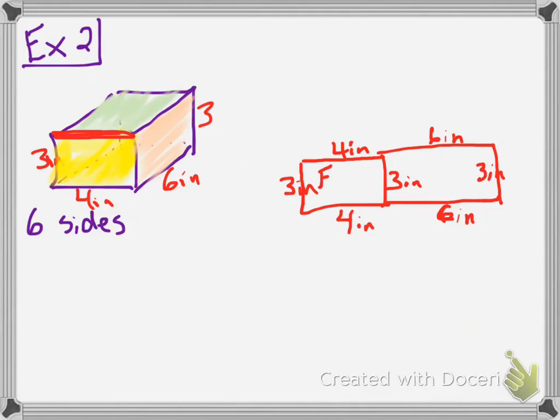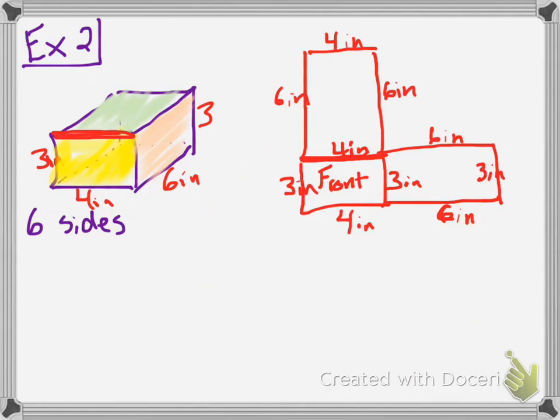I'm going to label this as the front. What I'm going to do is extend that top, which is a 4 by 6, so it needs to match with this side here. I want to extend it this way and write this as 6 inches. And go ahead and label all the missing side lengths.